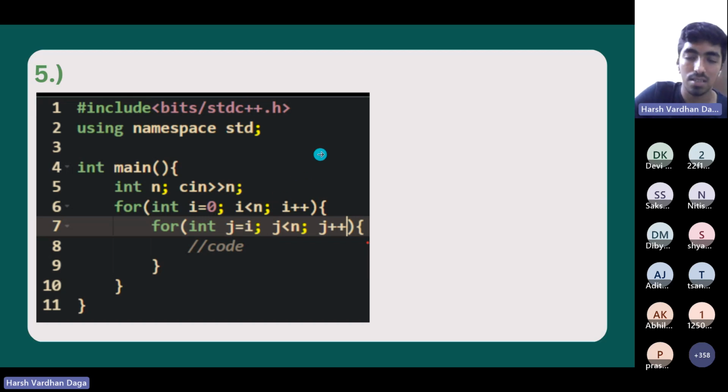This sum is n into n plus 1 by 2, and as we calculated in the previous question, when f of n is n into n plus 1 by 2, or n into n minus 1 by 2, the time complexity of the code is n square.